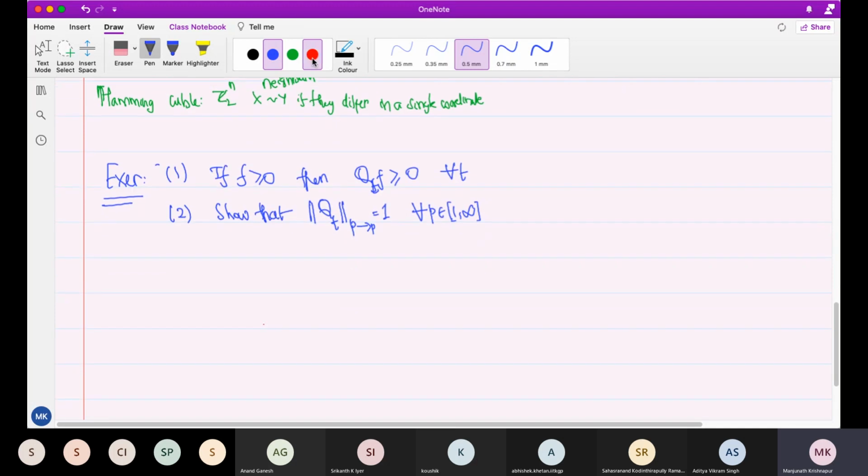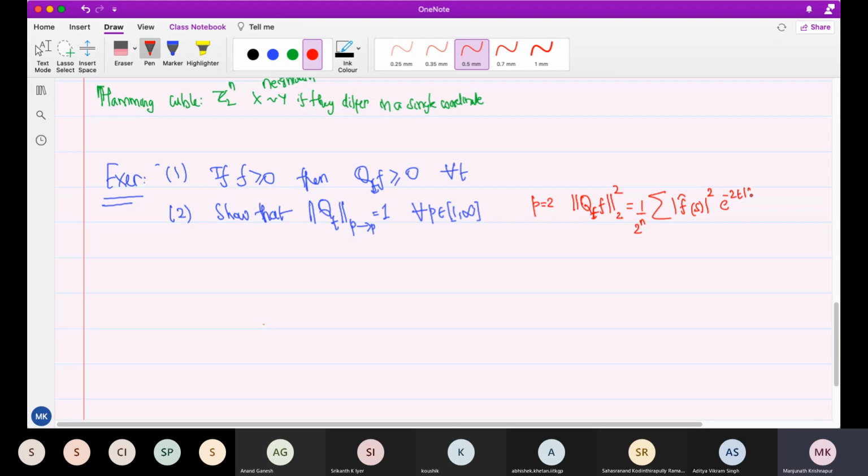Let me tell the trivial case. When p is 2, the norm squared of Q_t f is, by Plancherel, 1 by 2 to the n times the sum of the squares of the Fourier coefficients, which are f hat of s times e to the minus t mod s.